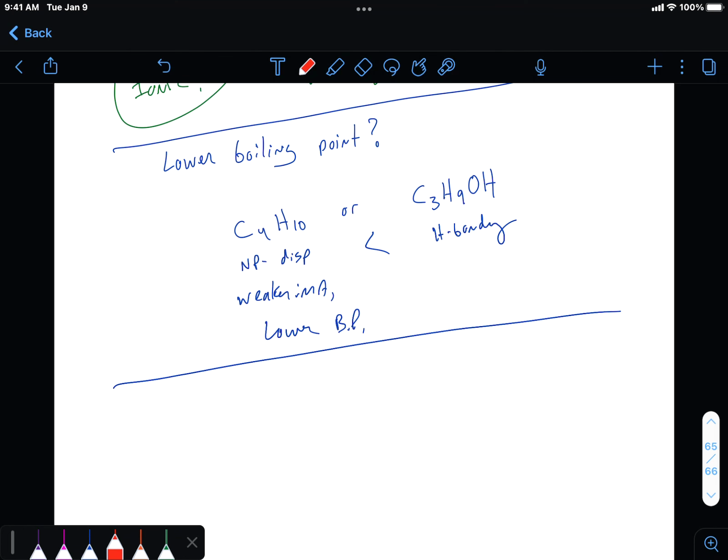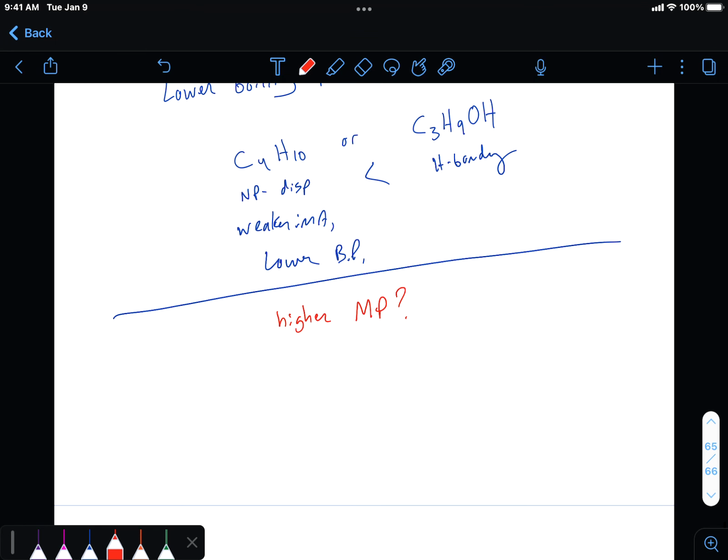All right, let's do one more. Which of these has the higher melting points? We talked a little bit about these guys a while ago.